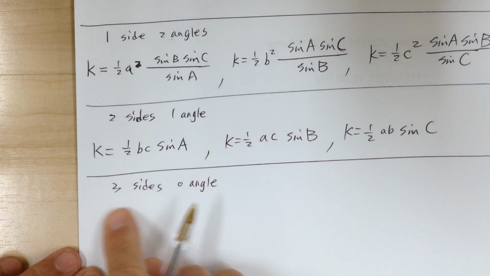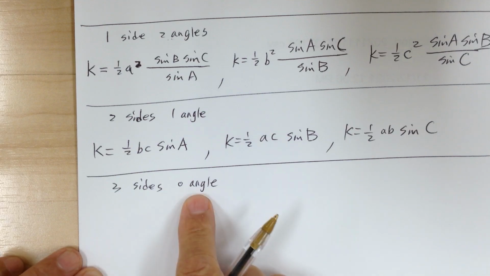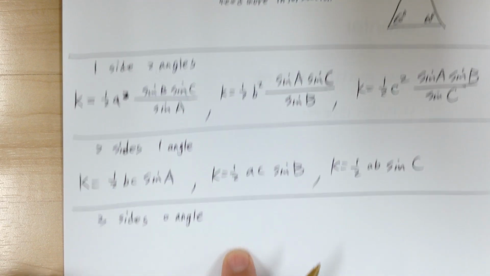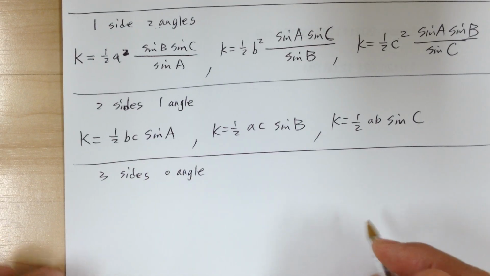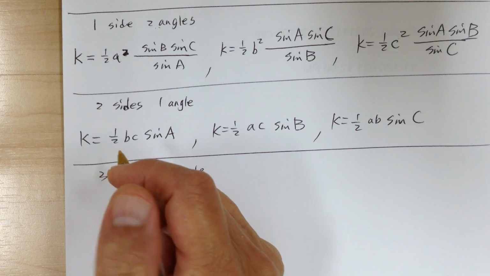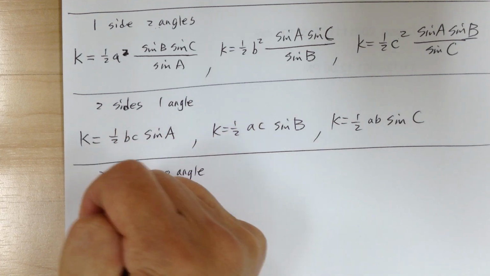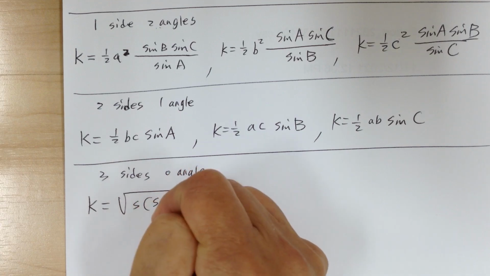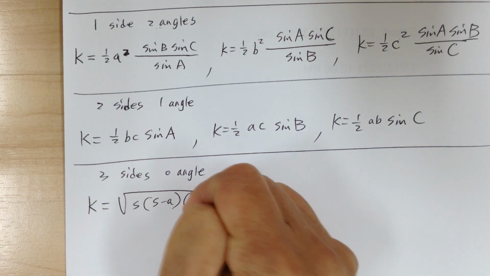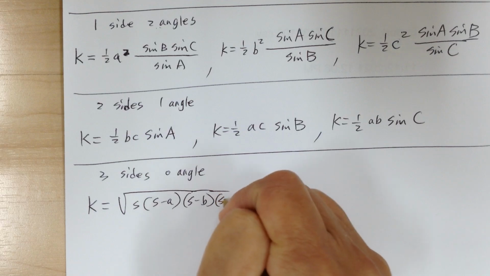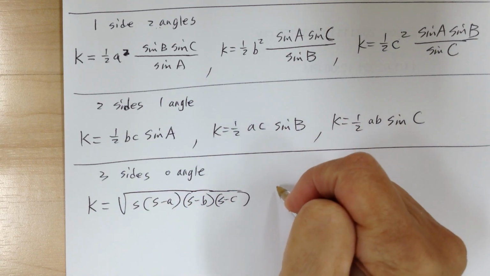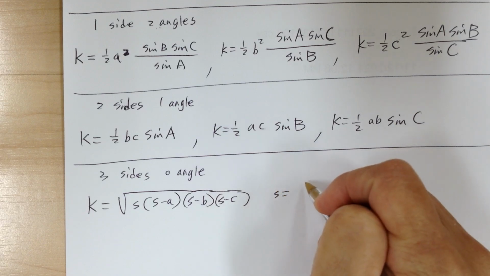If all three sides are given but no angle is given, then you have to use something called Heron's formula, okay? And so you're going to get area equal to the square root of S times S minus A, S minus B, and S minus C. The S is called the semi-perimeter, so S is 1/2 of the perimeter.